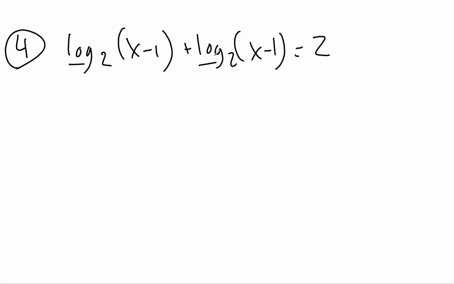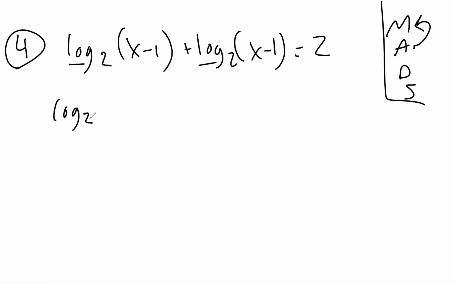And so we think back to Thursday, and we think back to this MADS business, okay? If I'm condensing, look what's happening: addition. In order for me to work backwards and condense this, if I started with addition, what am I going to turn it into? Multiplication. Exactly. So here's what will happen. I will have log base 2, and then the stuff that's being multiplied.